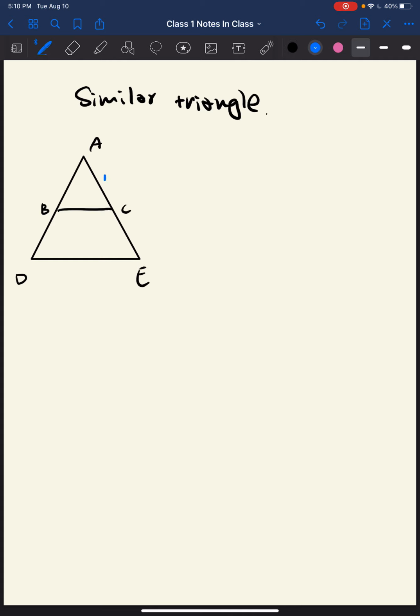So if AC equals CE, by notation I put a 1, 1 here, which means AC to CE is a 1-to-1 ratio. And BC is parallel to DE. We can say that triangle ABC is similar to ADE.